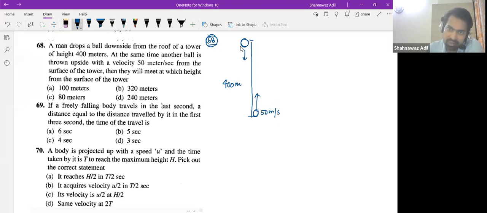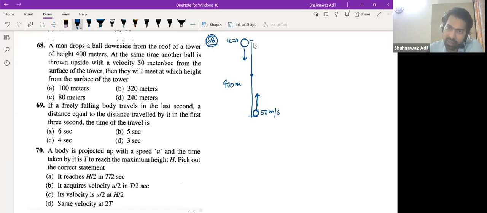This is at rest, from the surface of the tower. Then they will meet at which height from the surface of the tower? This ball is going upwards and this ball is going downwards. Let's say that they meet at this point.